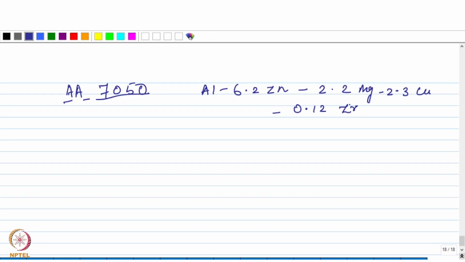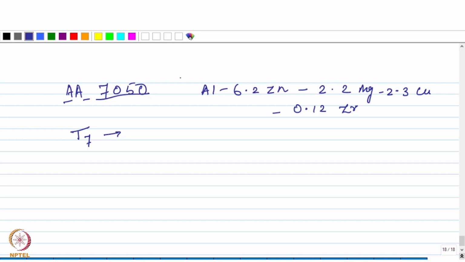This is used in T7 condition, although it can be peak aged to maximum hardness in T6 condition. But to satisfy some of the property requirements, it is better to use in T7 condition, because in T7 condition, apart from the strengthening and the other requirements for the mechanical properties, it also gives rise to a good corrosion resistance, right?